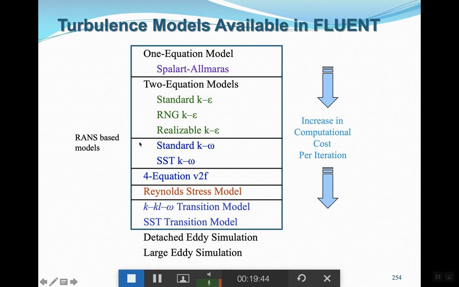So all these are RANS based models, but they differ in the way they calculate mu t. Some of them use one equation, some of them two equations, and so on and so forth to calculate mu t. And as we increase the number of equations, it becomes more accurate, but of course heavier in simulation.